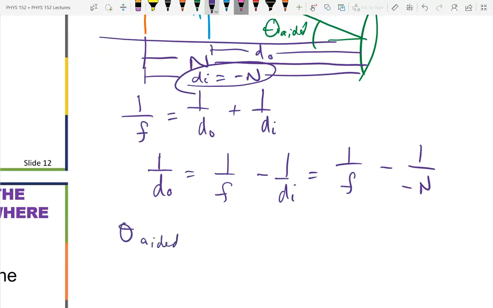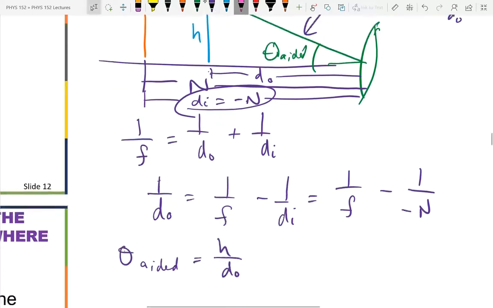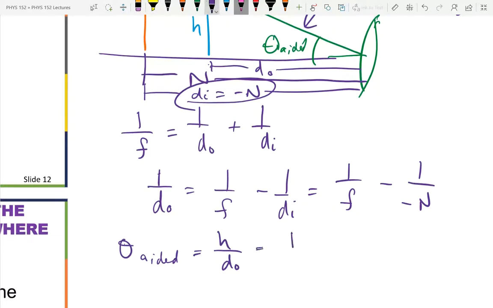Theta aided, using my small angle approximation, should be equal to h over distance object. Right, h is the height, distance object is the distance. So I had tangent theta aided equals h over distance object. So there's my angle aided.